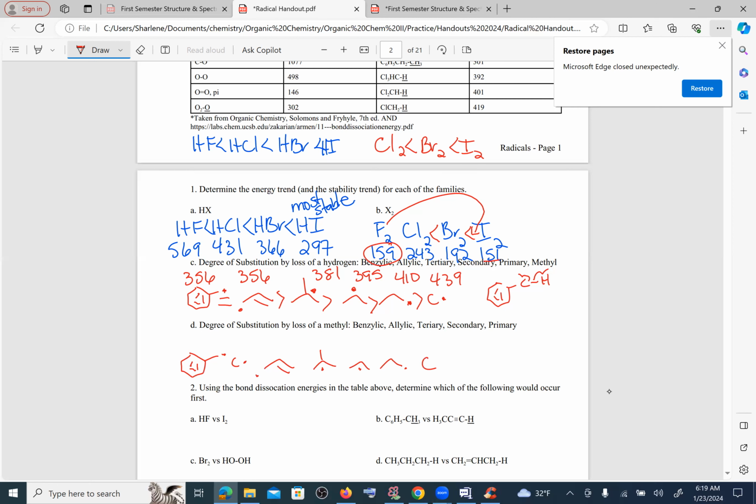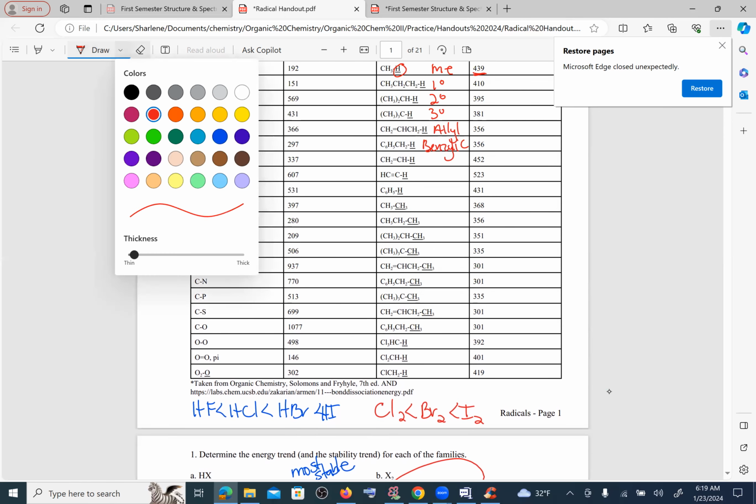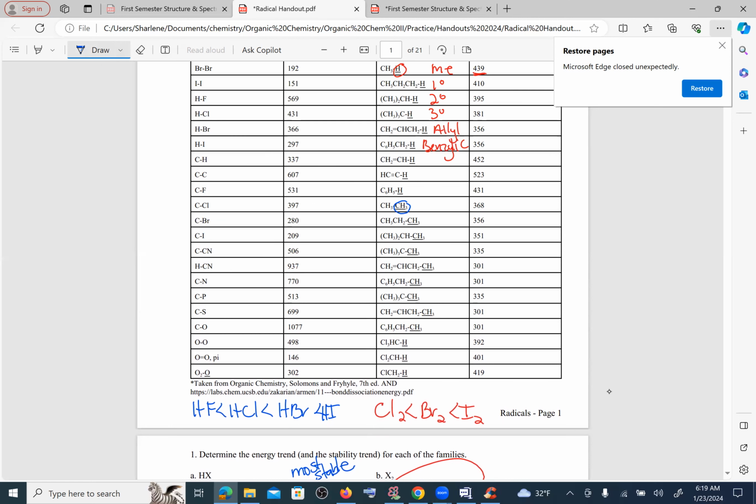Well, let's see. All right, again, I'm going to go back to my numbers here. I should do it in a different color. We're going to do blue this time. All right, so this time I am removing a carbon, so right here. So this whole thing would be removed, rather than the hydrogen. Allylic and benzylic right there. So there's the numbers I'm grabbing.